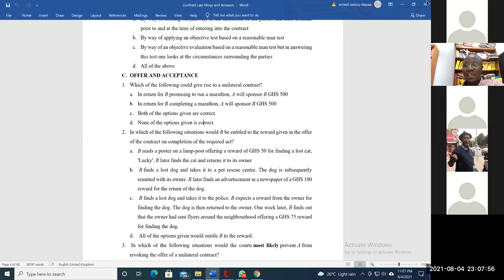Do you see the problem? Okay, David. Yes, if I could come in. Generally, when you're looking at a unilateral contract, there is a caveat that you are making a promise to the world. Most of the time, the offer is to the general public: anyone who does it will get the prize.